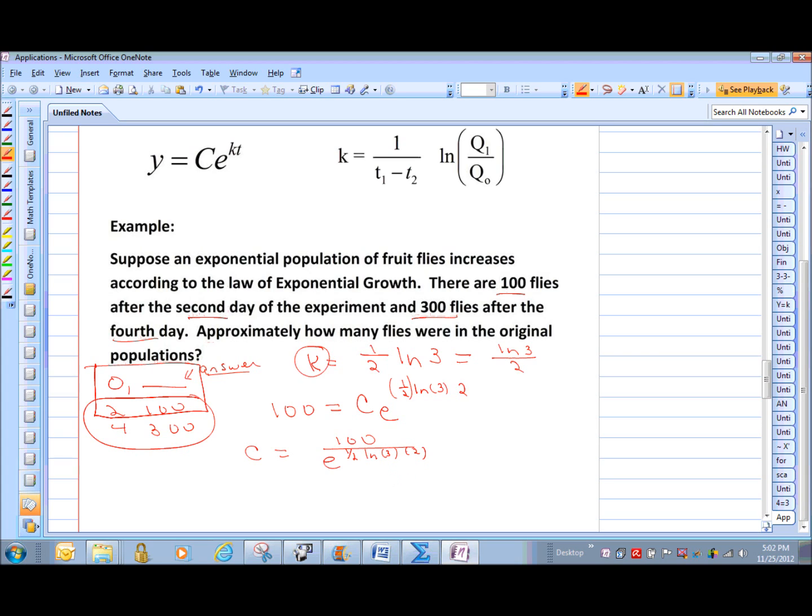And when we figure that out, we're going to get approximately 33.3, or approximately 33 flies in our original population. All right, let's go on to the next example.